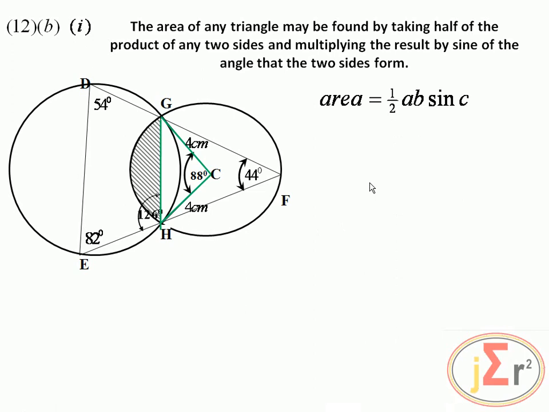Area is equal to half AB sine C, where A and B are the two known sides and C is the known angle, the angle that they form. In this particular case, A and B are equal to 4, and the angle is 88 degrees. Half times 4 times 4 times sine 88 will give us 8 centimeters squared, or 8 square centimeters.